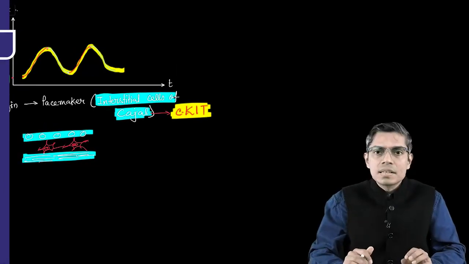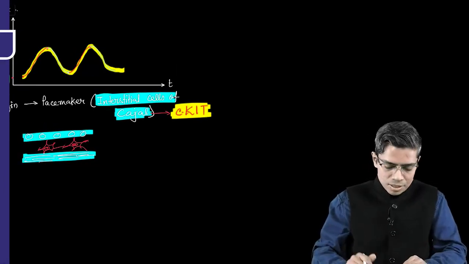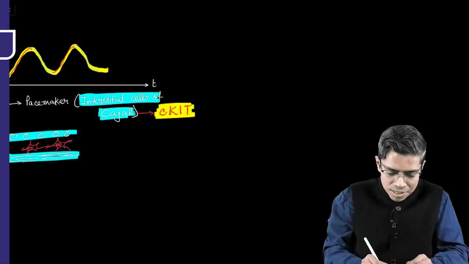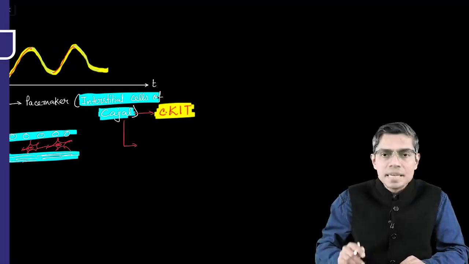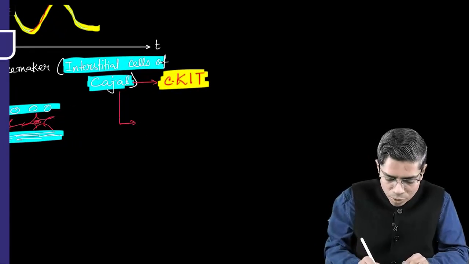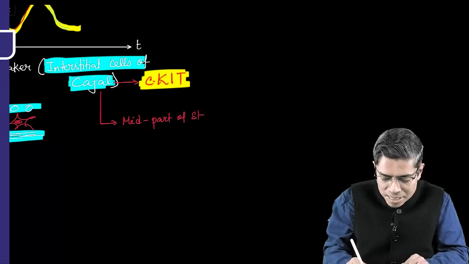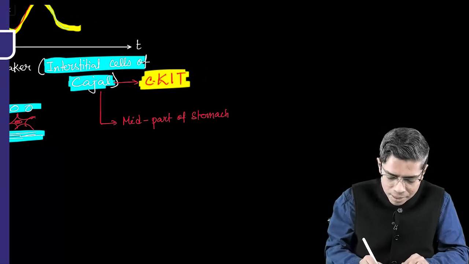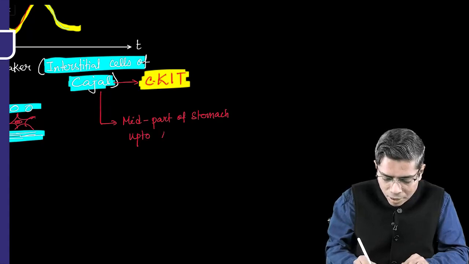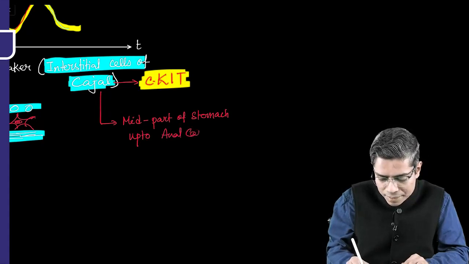Now, what is the location of these interstitial cells of Cajal? They are located from the mid part of the stomach up to the level of the anal canal, right?